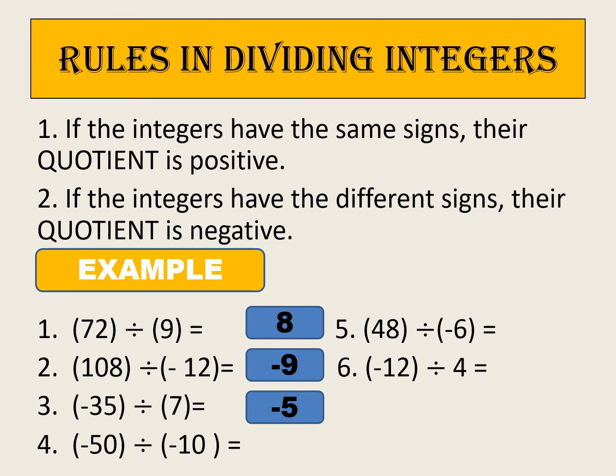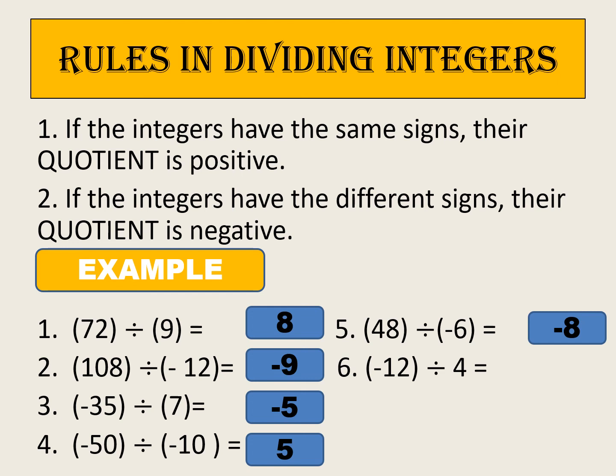Number 4, negative 50 divided by negative 10. So the result is positive 5. They are both negative, so the result is positive. Number 5, 48 divided by negative 6. So the result is negative 8.